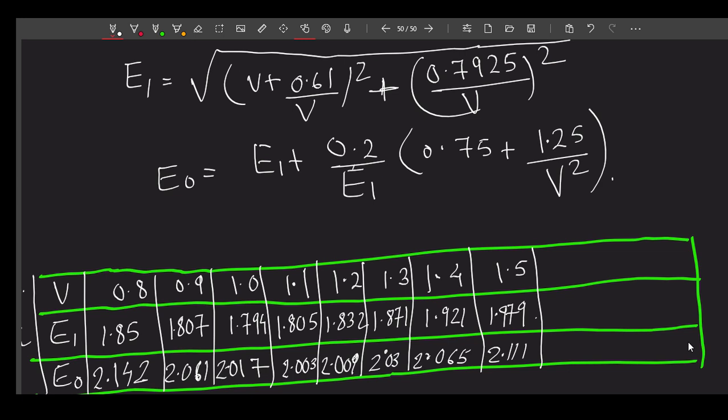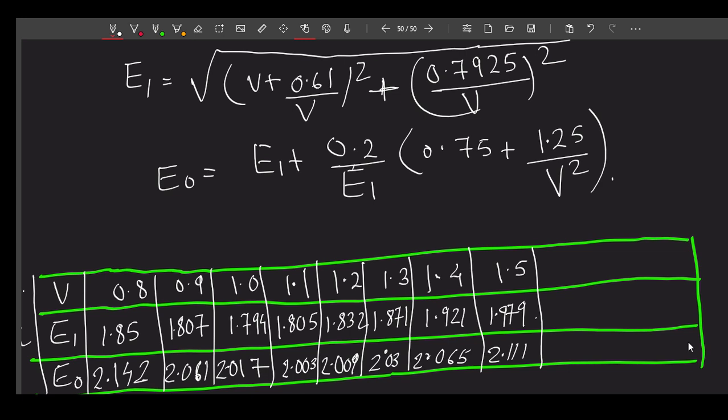Now, another very interesting thing to see is that we have two points for which E naught is almost the same.